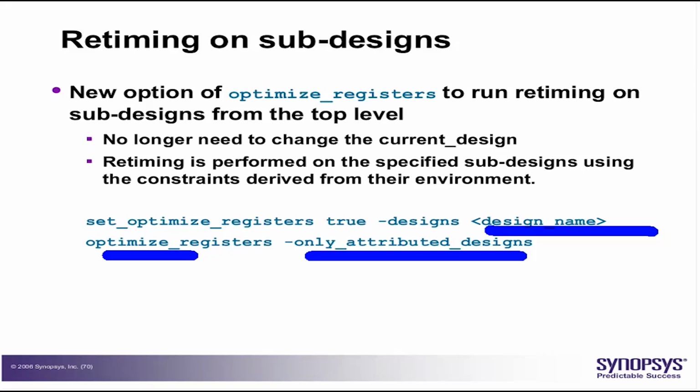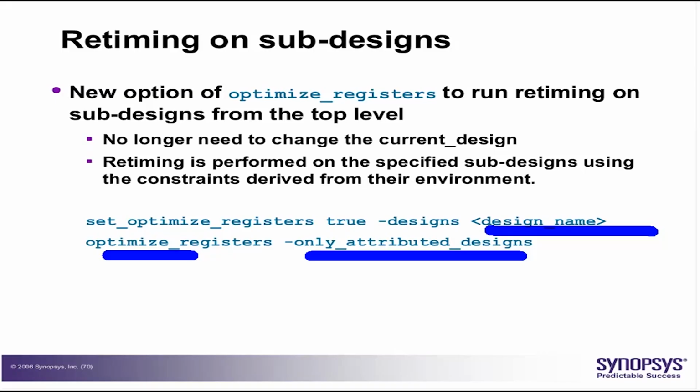All these are collectively called attributes, and these tell DC what to do. Let's say a library cell: if I set some library cell as dont_use, I'm telling DC that this cell is attributed as dont_use. So DC will look at attributes and decide whether it can use this cell, whether it has to optimize this, or whether it has to retime the design, and so on. These attributes are a very powerful feature of Design Compiler.